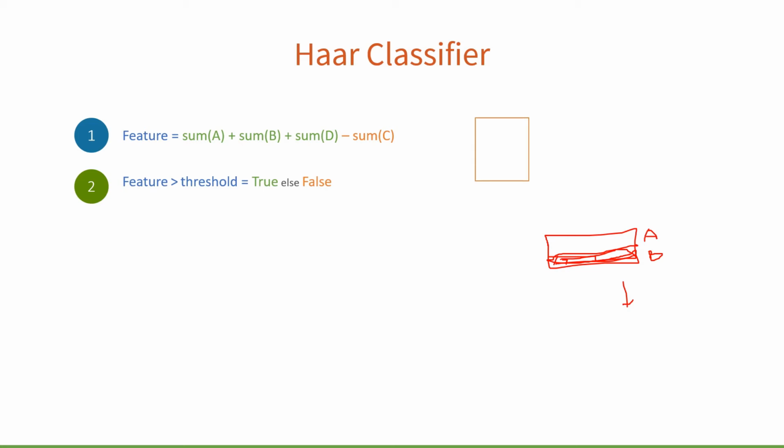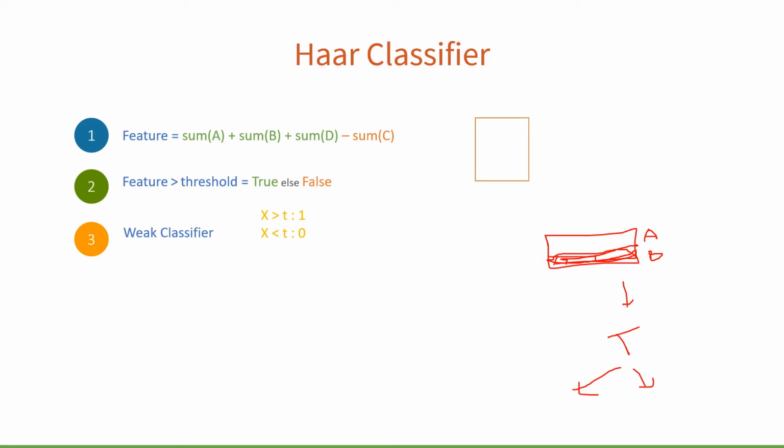If the value is above the threshold, we'll call it positive, and if the value is less, we'll call it negative. So very simple, and we call it a weak classifier. Just applying a threshold to a number is very, very super simple.